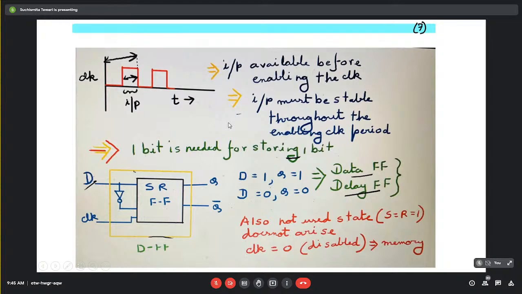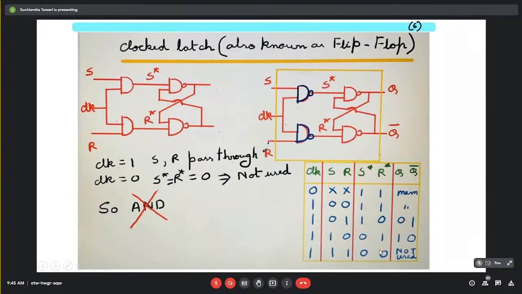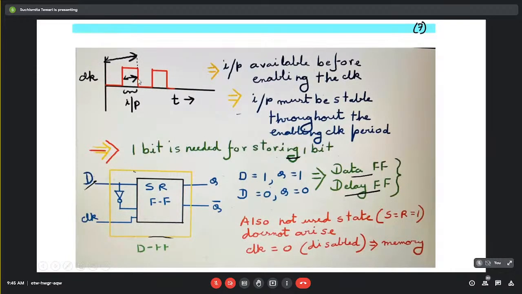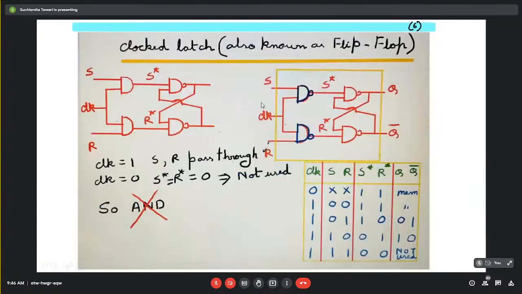So some sort of control is there, we have established that, but still the time duration over which we have to be careful to keep the input at a stable state is less now compared to that of the latch. So that is one minor advantage we have gained by introducing this clock.